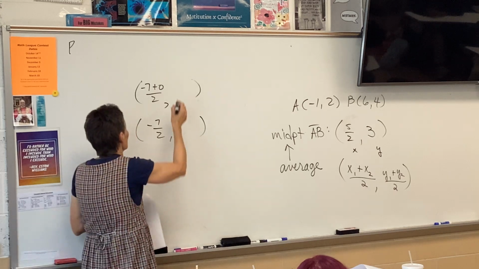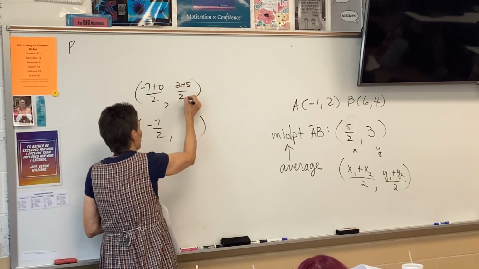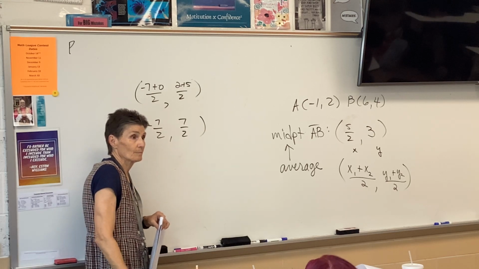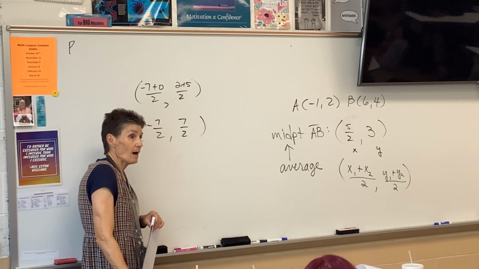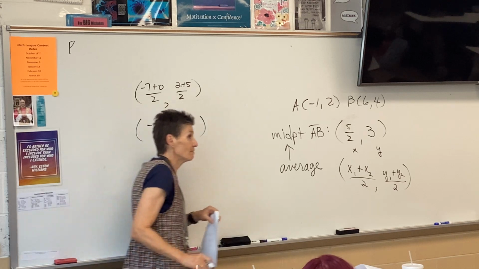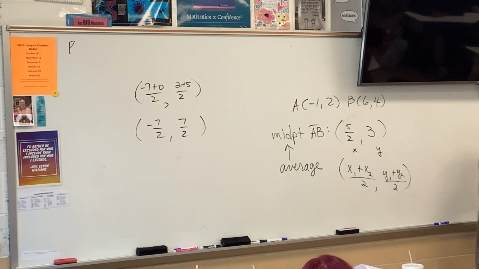And then 2 plus 5 over 2, which is 7 halves. How do we find a midpoint? We add and divide by 2. Always.